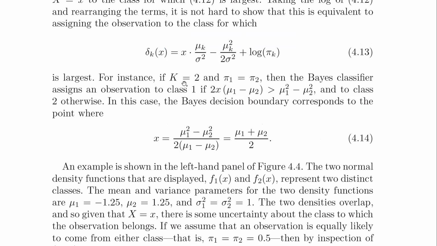For instance, if k equals 2 and the probability of class 1 is the same as the probability of class 2, so 50% and 50%, then the Bayes classifier assigns an observation to class 1 if it satisfies this inequality.